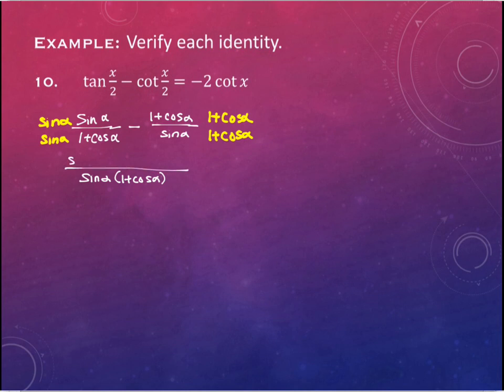The first piece now is sine squared of alpha. And I have a minus. And then I do need to distribute this and this out. I need a FOIL. So if I FOIL this, I'm going to have 1 times 1 is 1, plus in the inner term and the outer term, they match. So they're both cosine of alpha, so it's 2 cosine of alpha. And then my last terms are going to be cosine squared.